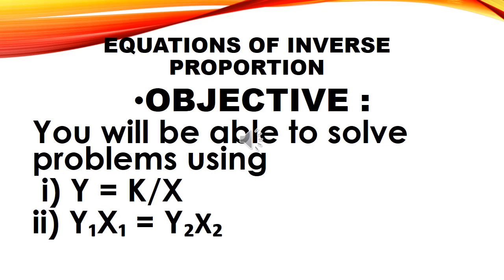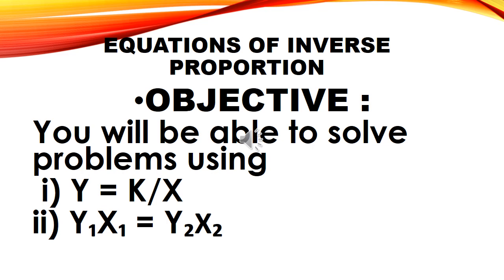Dear students, in the first part of the lesson you learned that if y is inversely proportional to x, then the graph of y against 1 by x is a straight line and the graph of y against x is a hyperbola. Clear?